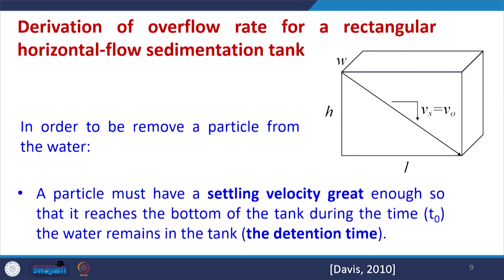Now, the derivation of the overflow rate for a rectangular horizontal flow sedimentation basin. Suppose this is a sedimentation basin which has length L, height H, and width W. In order to remove a particle from the water, the particle must have a settling velocity great enough so that it reaches the bottom of the tank during the time T0 the water remains in the tank, that is the detention time.